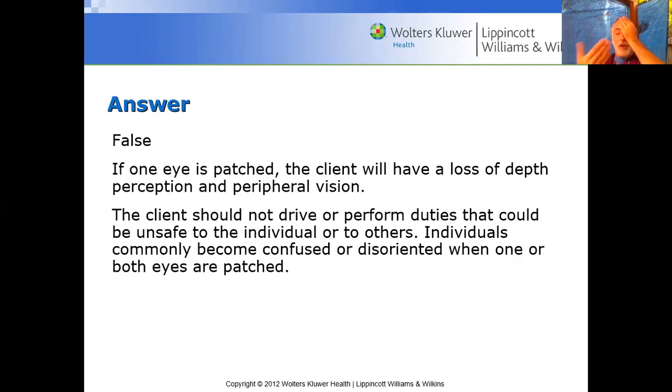So just try that. Go around for a bit with one eye covered over, just to see what it's like for this patient who has, through an eye patch or through an inflammatory disease or surgery, lost vision in one eye.